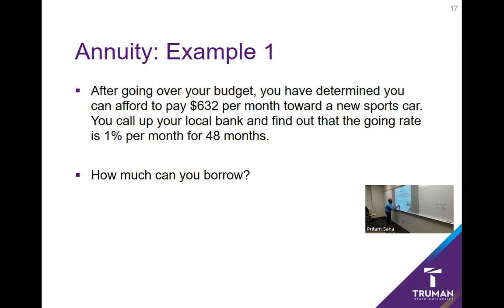What should be the future value? Okay, good. Payment, plus or minus? Okay. How much did you get? $23,999 something, right? Close to 24,000.